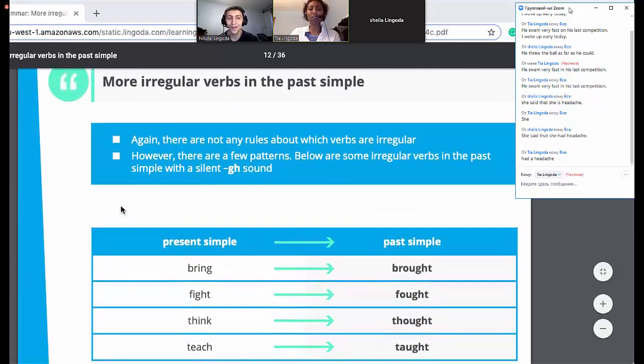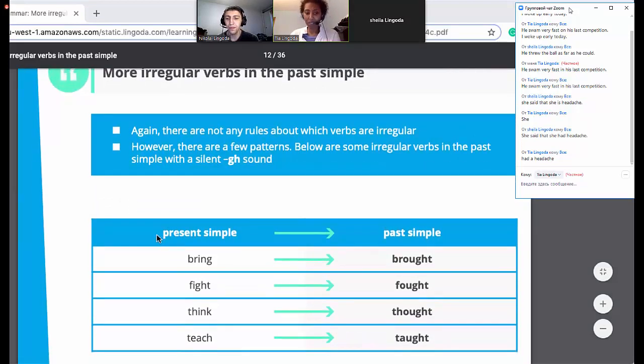So, more irregular verbs in the past simple. These particular ones in the past simple have O-U-G-H-T or A-U-G-H-T, with the G-H in the spelling. As you can see, they're not the same in the present simple, but they have the same type of spelling in the past simple.